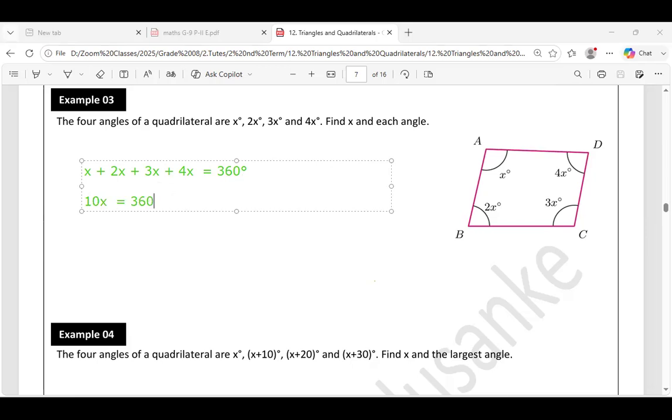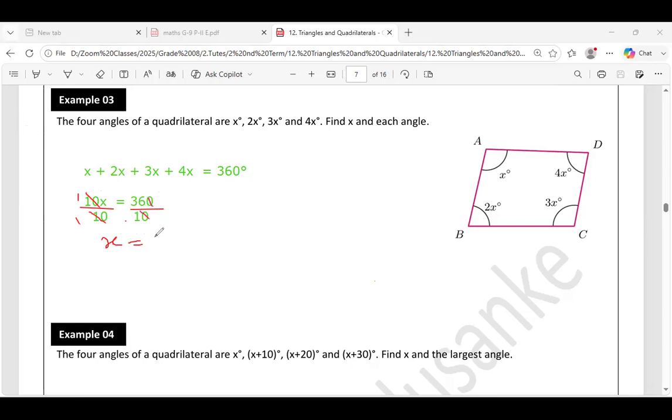Now what are you going to do? You divide both sides by 10. 10 times x divided by 10 is x. x is equal to 360 divided by 10.